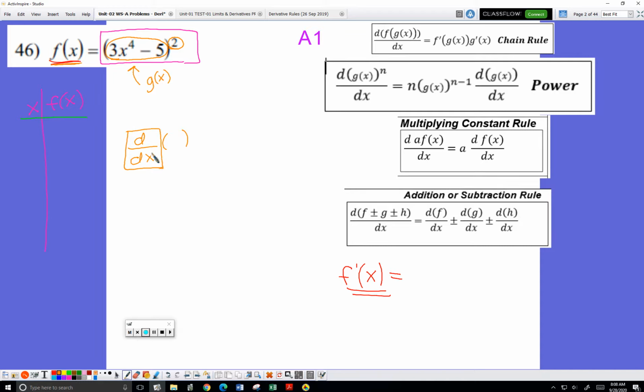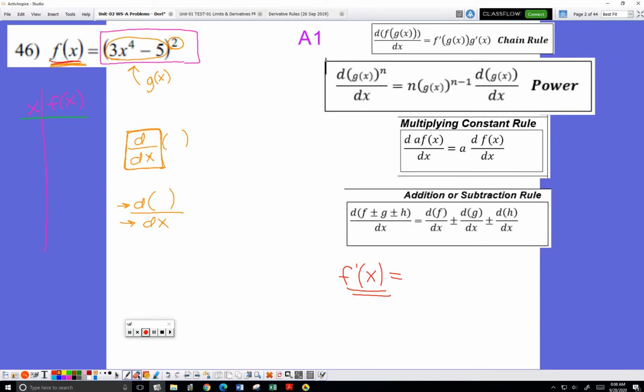It literally means go find, so d means difference. So this is saying I want to find how much the output value is changing compared to the input value, because that's what slope is. Change in output divided by change in input. So this derivative operator is going to be applied to this function.